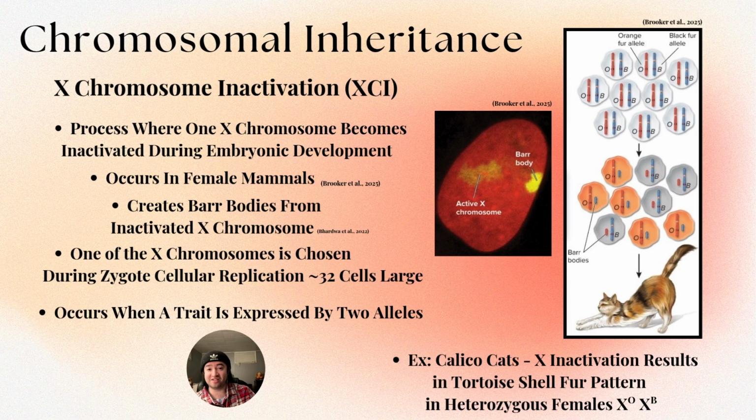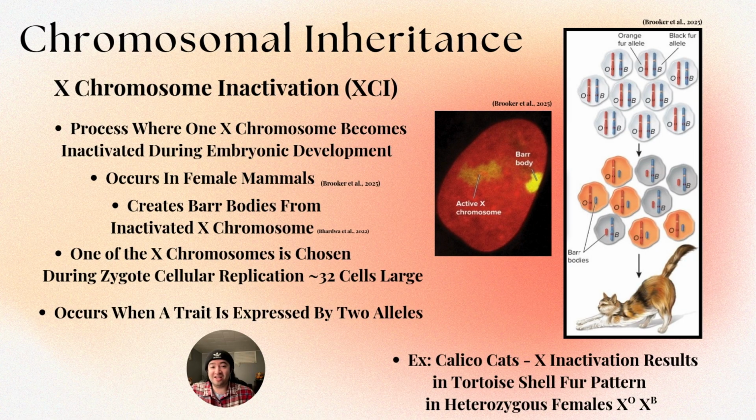However, the process of X chromosome inactivation will result in tortoiseshell fur color in female cat offsprings, in female cats that are offsprings of a cat that is heterozygous for this fur coat trait. So due to this process, some female cats will have the tortoiseshell fur color and are known as calico cats.